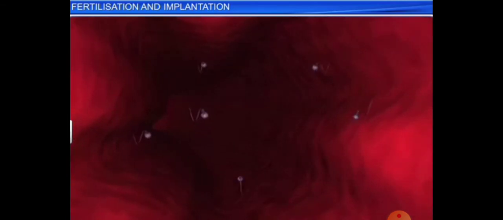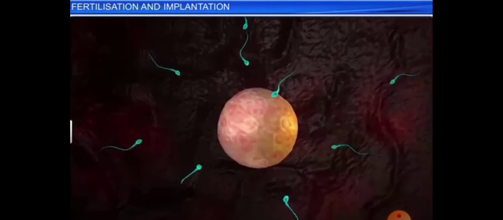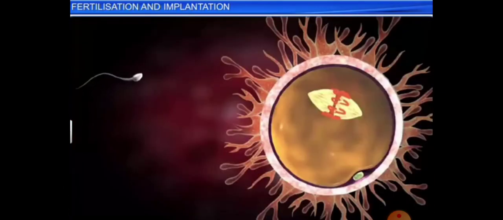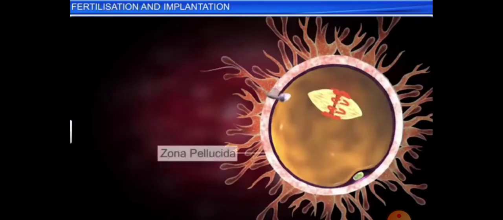Once it reaches the ampullary isthmic junction, the ovum gets bombarded by several thousands of sperms. However, only one sperm penetrates the zona pellucida and initiates the fertilization process. Moreover, this penetrating sperm induces the zona pellucida to stiffen, which prevents other sperms from entering the ovum.